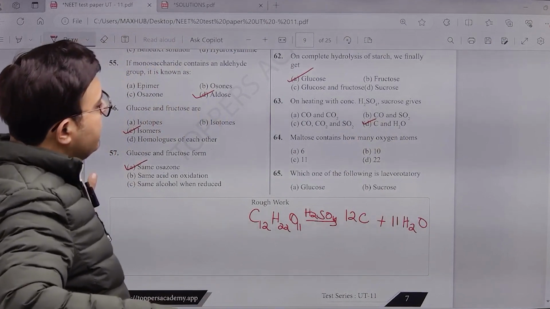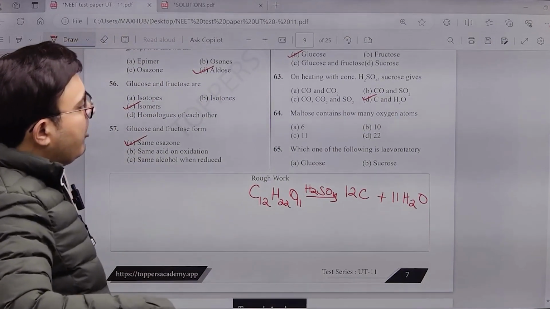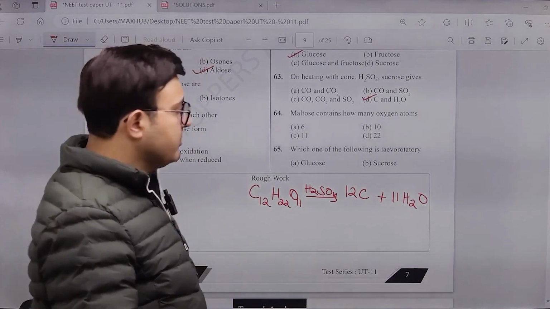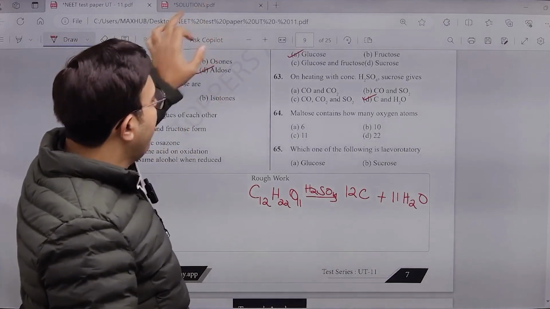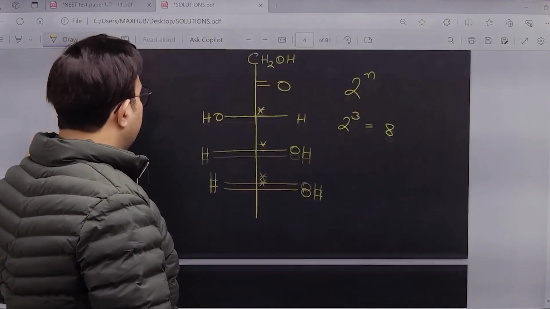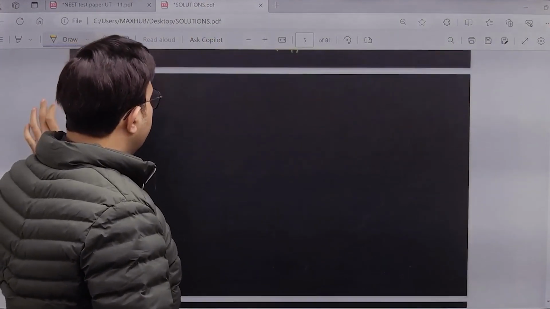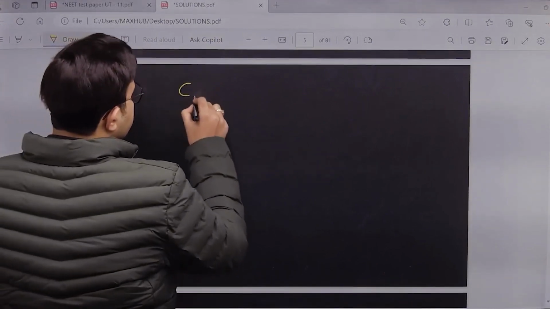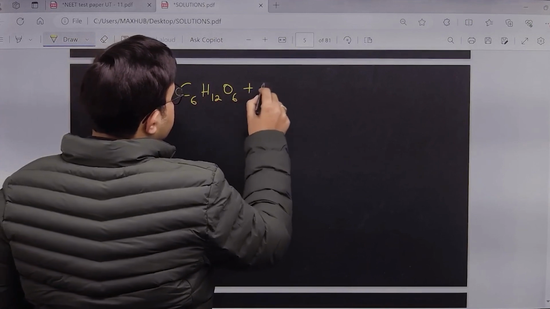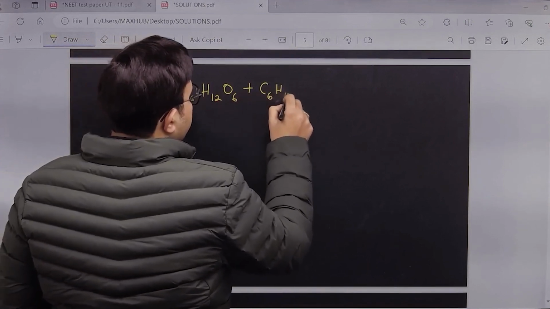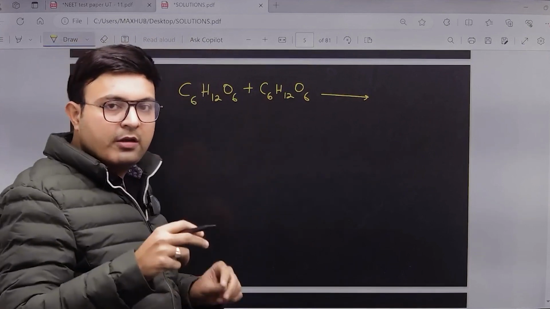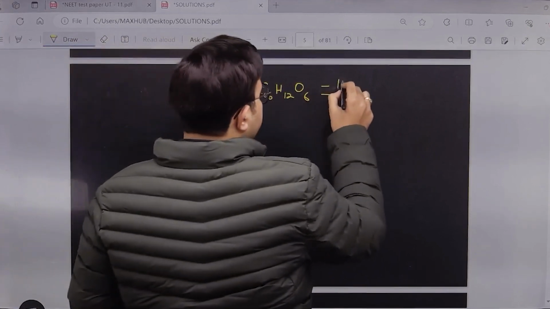Next question is, maltose contains how many oxygen atoms? So we should know how maltose is formed. Maltose is formed from two molecules of glucose. So C6H12O6 plus C6H12O6, and when they combine with each other, one water molecule is lost.